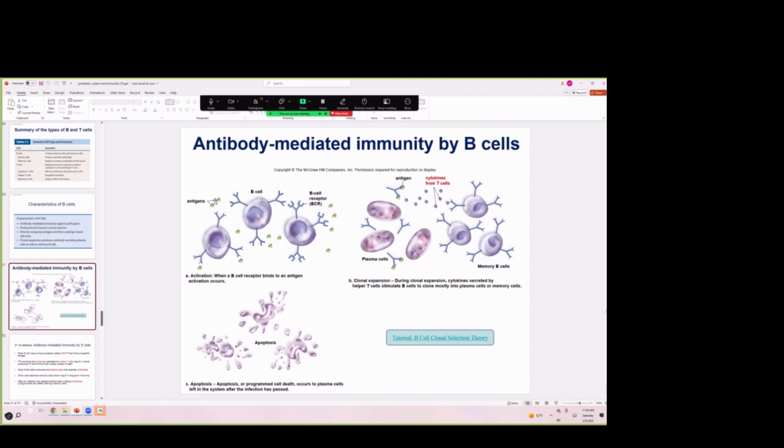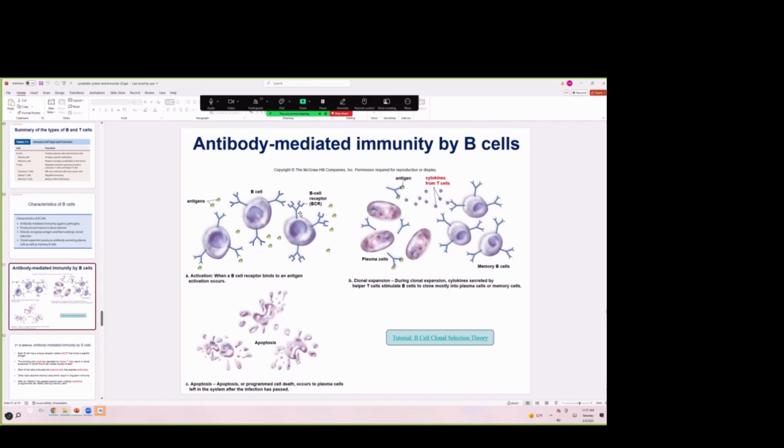A pathogen with characteristics or antigens recognized by a particular B cell. The recognition is that it has receptors that can bind it. When that recognition is done with this one, we say this B cell has been activated.